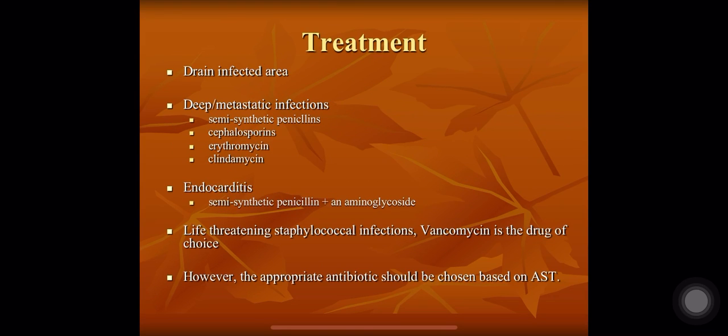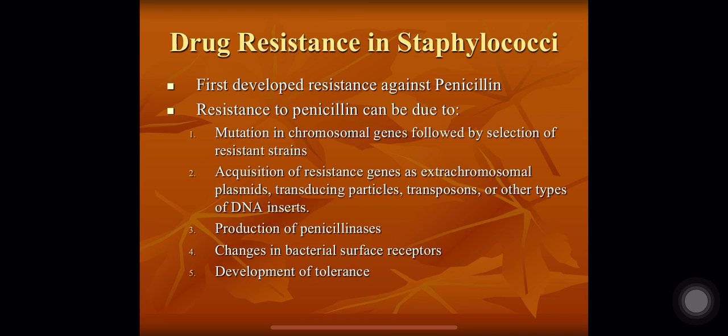Treatment of staphylococcal infections can be based on the type of infection and drug sensitivity report. Vancomycin and other drugs can be used. Drug resistance in Staphylococcus aureus is an important problem nowadays because drug resistant strains have increased, and in the hospital setup many strains of Staphylococci are multi-drug resistant, leading to very serious infections in patients.